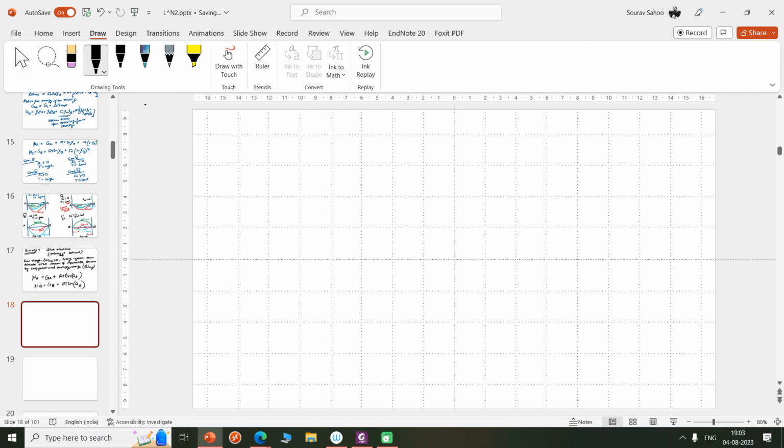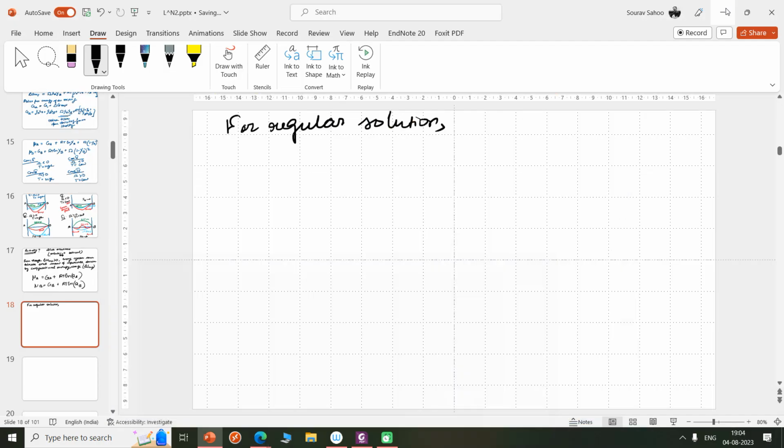So for regular solution, we have seen that the activity of the ith component is not equal to the mole fraction of the ith component.